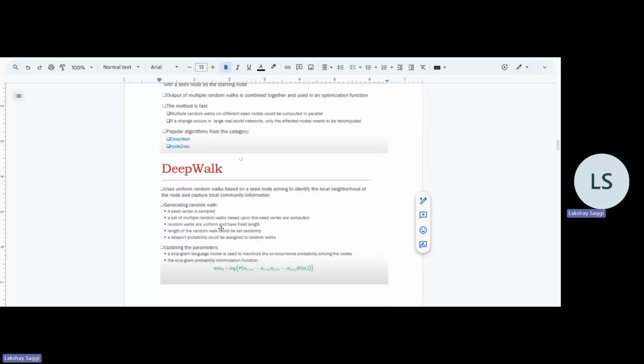Random walks are uniform, and in this DeepWalk method, these random walks are of fixed length. This is very specific to DeepWalk. The random walks will have fixed lengths, so there will be a fixed stopping length; when you traverse, let's say, 10 or 11 edges, then you stop your random walk.